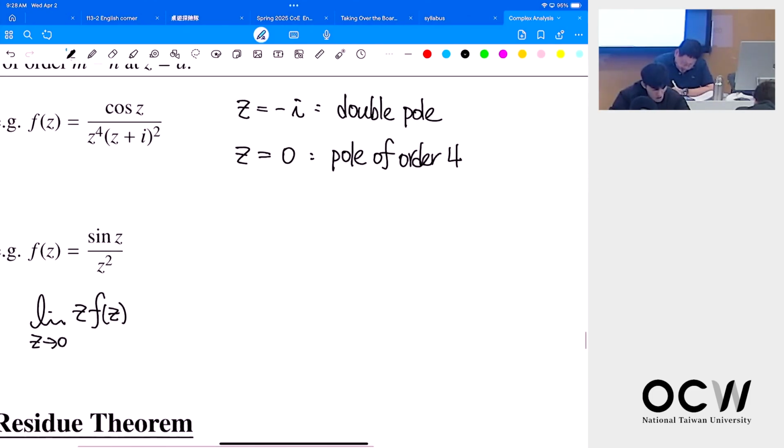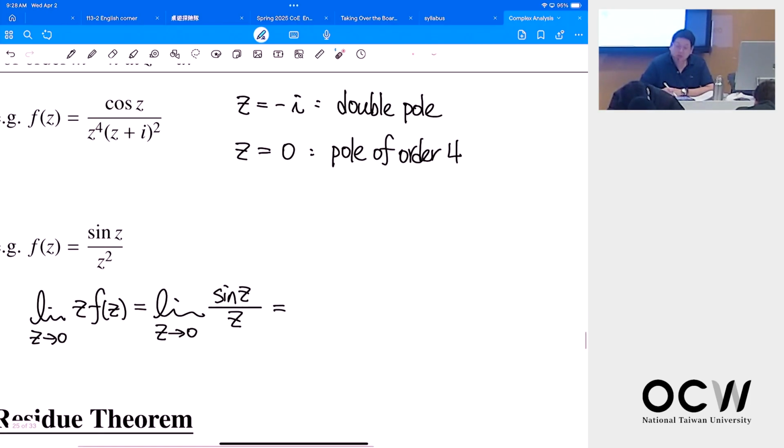So we get the limit, z goes to 0, of sine z divided by z. Using L'Hopital's rule, I will have cosine z divided by 1. And then finally when z is 0, you get 1.